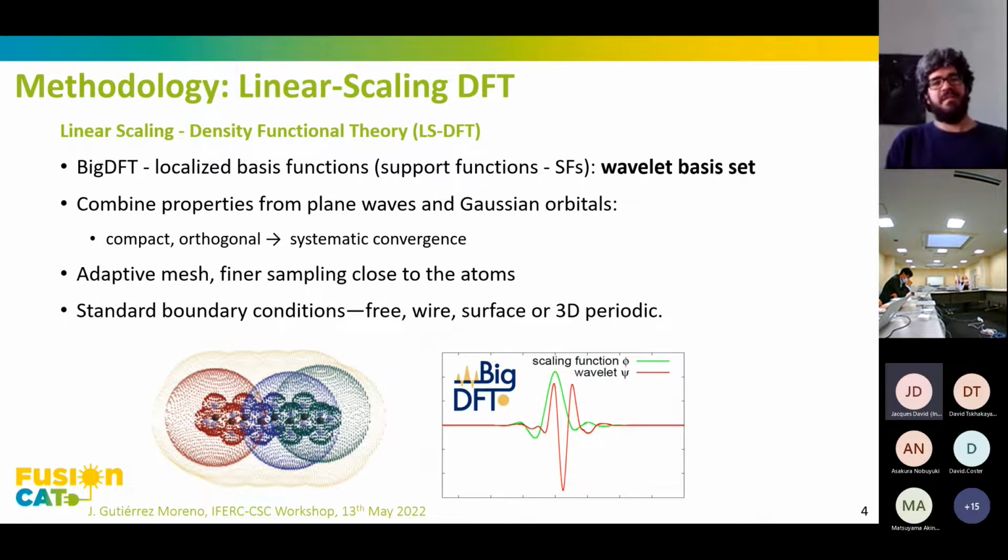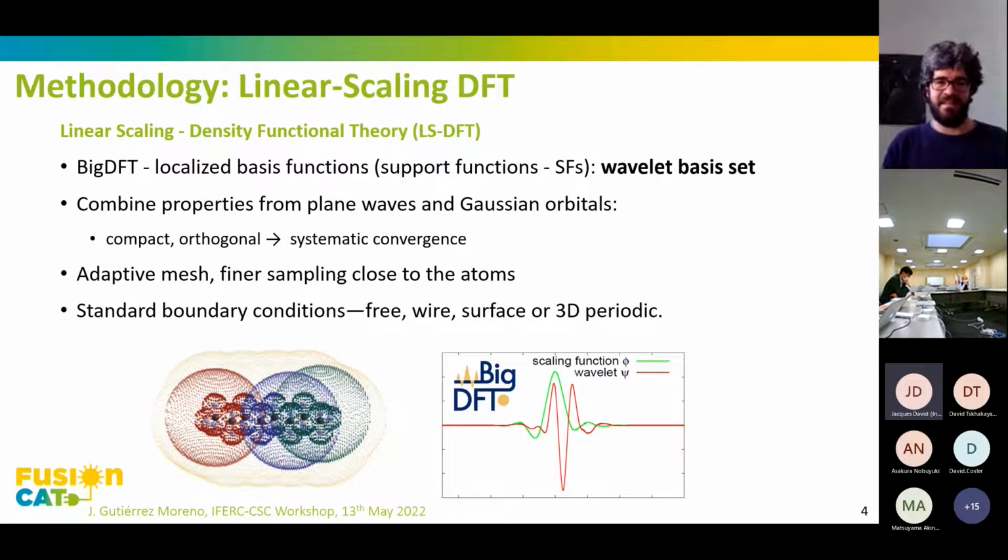For this, we use a code called BigDFT, which was partially developed at our center. This code uses a localized basis function that is based on wavelets. Wavelets combine some of the interesting properties of plane waves and Gaussian orbitals. So they are compact, they are orthogonal, and they also allow for systematic convergence.